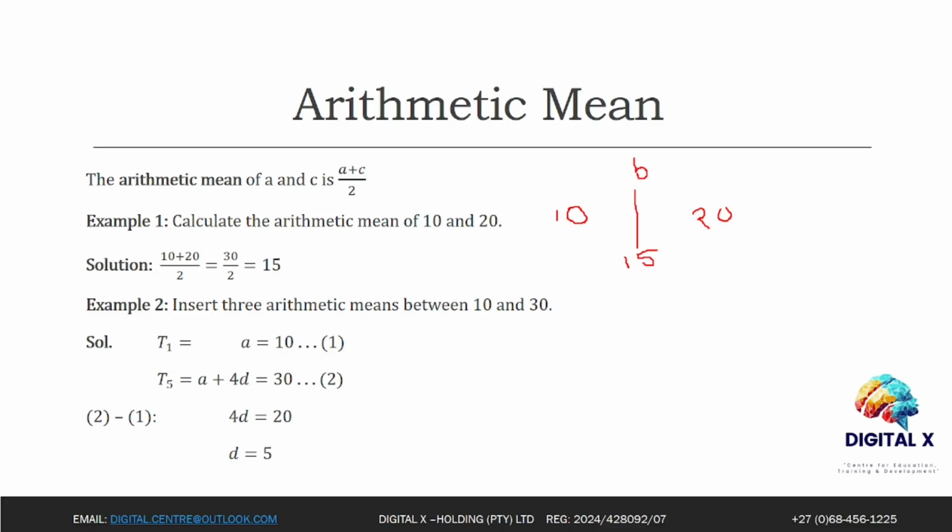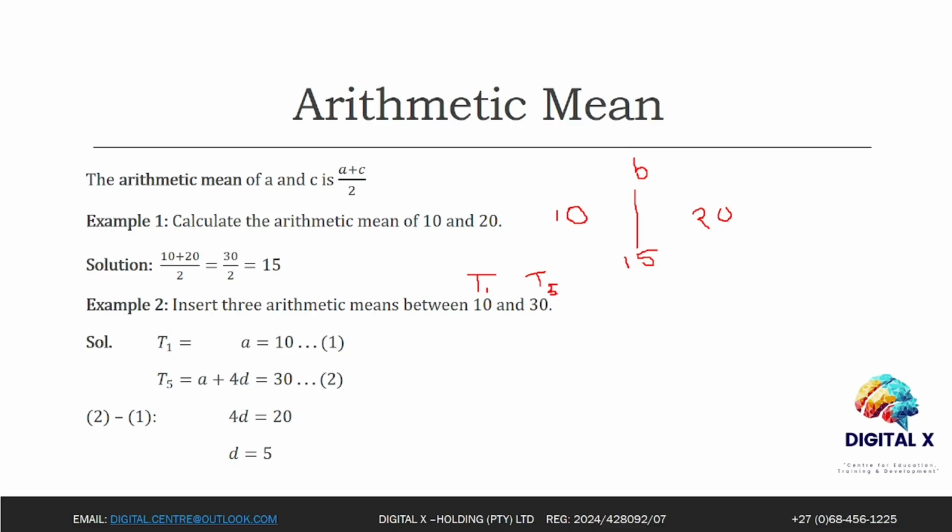Let's look at this example. This example will help us understand that more. Here we are required to form an arithmetic sequence of 5 terms with T1 being this one here, and obviously this one being T5, the 5th term of the sequence.